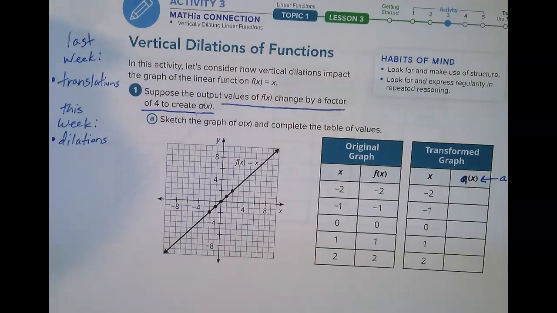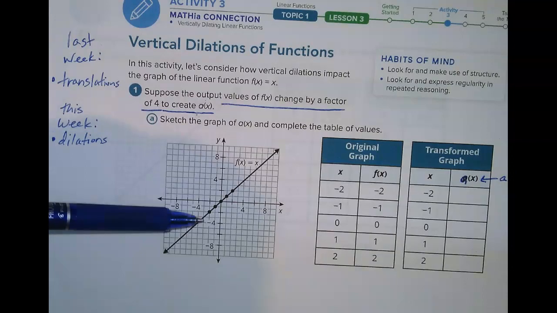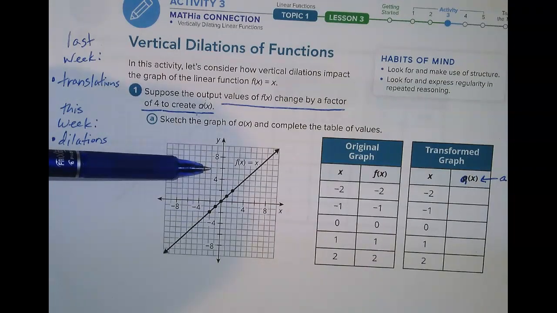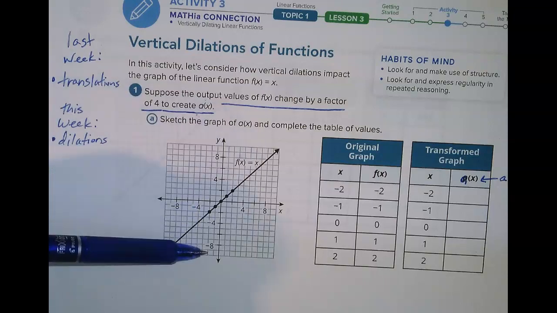Last week, we worked with translations of functions, and this week, we're working with dilations. Last week, when we were translating functions, we were shifting linear functions straight up or straight down.